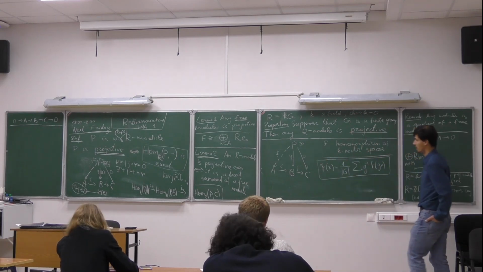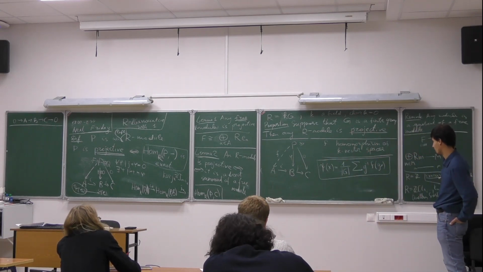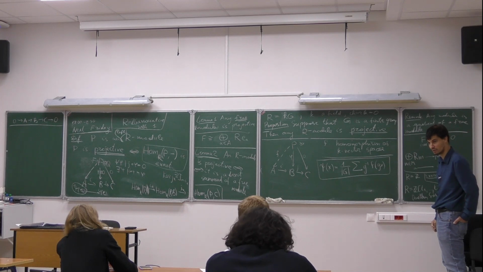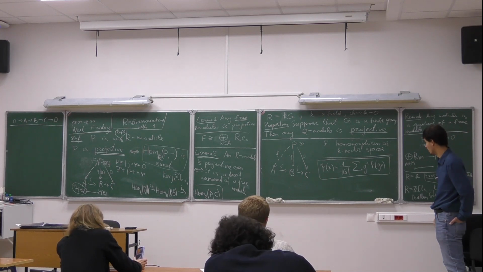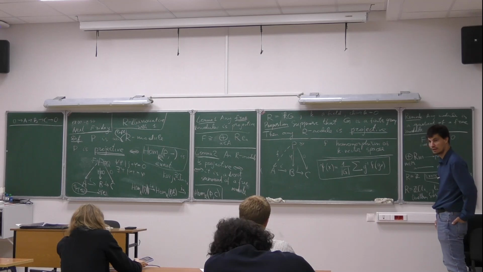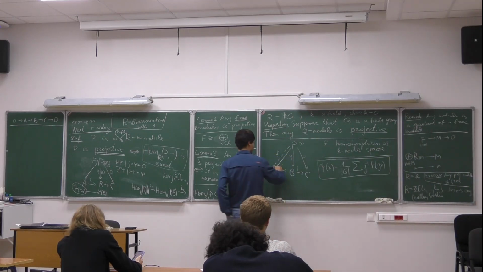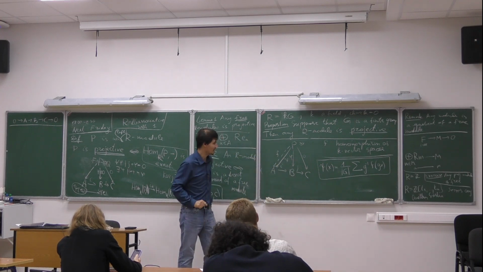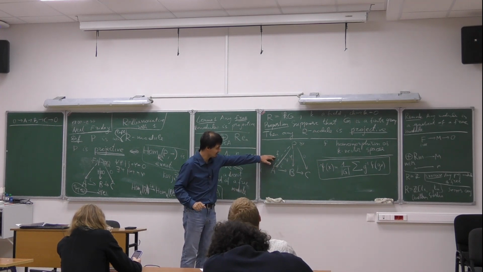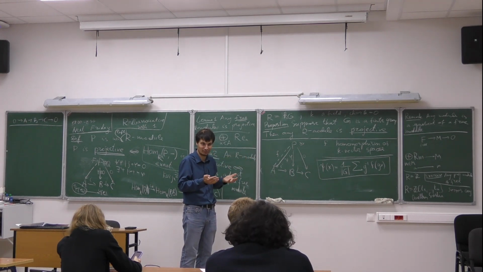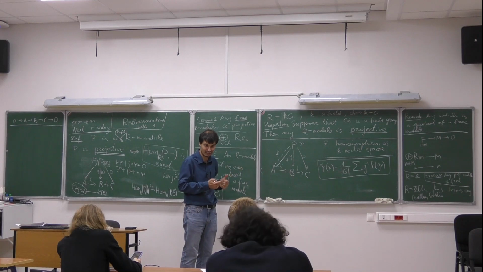Now, first of all, it is a morphism of R modules. Psi is from where to where? F doesn't know anything about the structure of module over R. It is not equivariant.